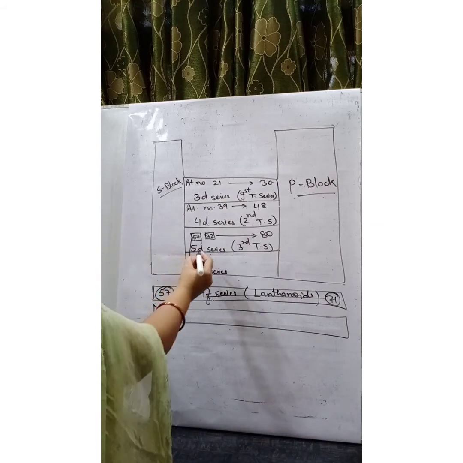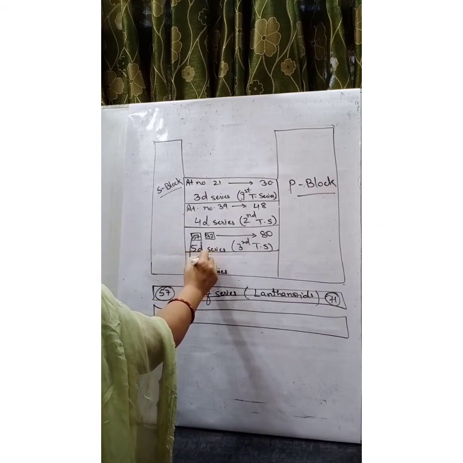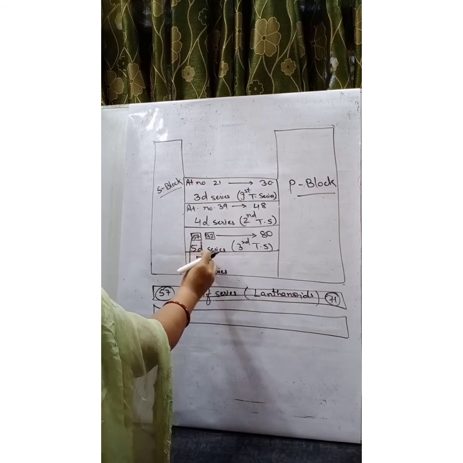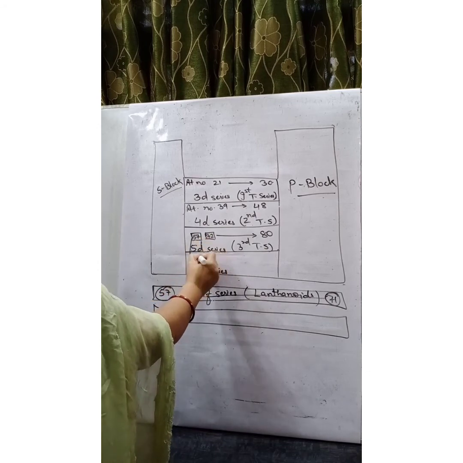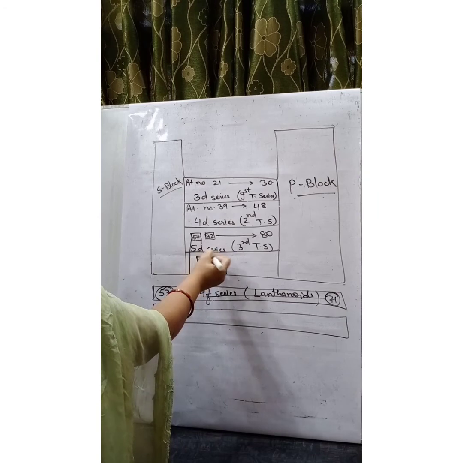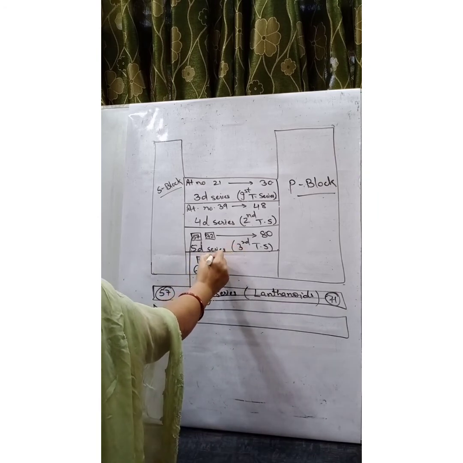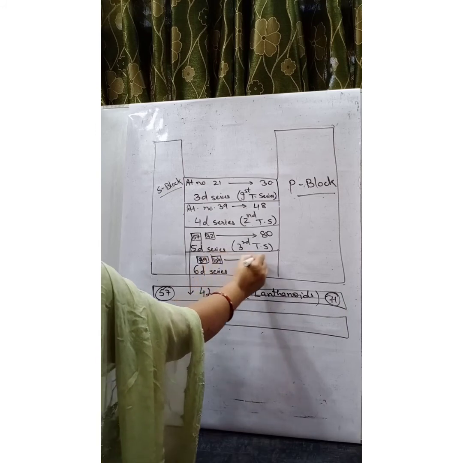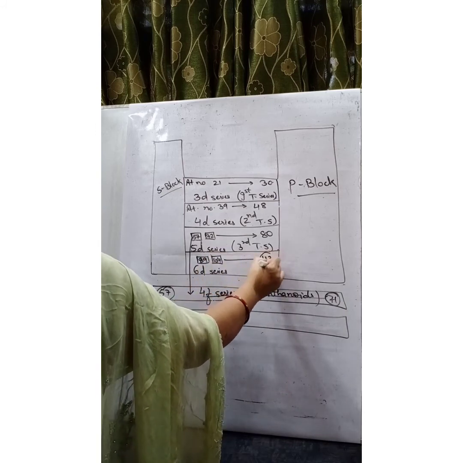Similarly, in the 6d series, we have actinium, atomic number 89, and then we have elements starting from atomic number 104 to 113.